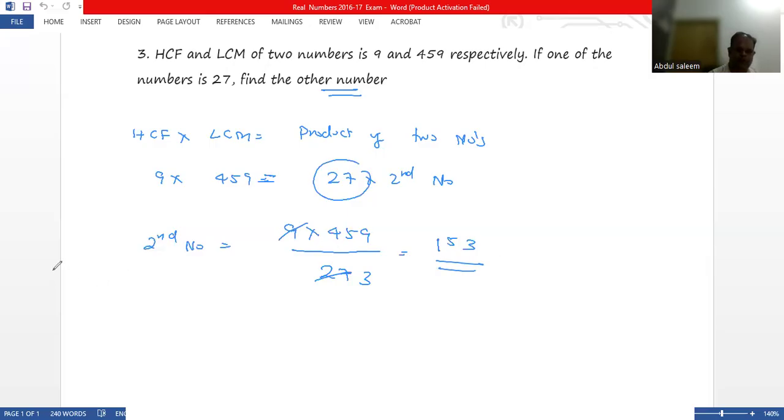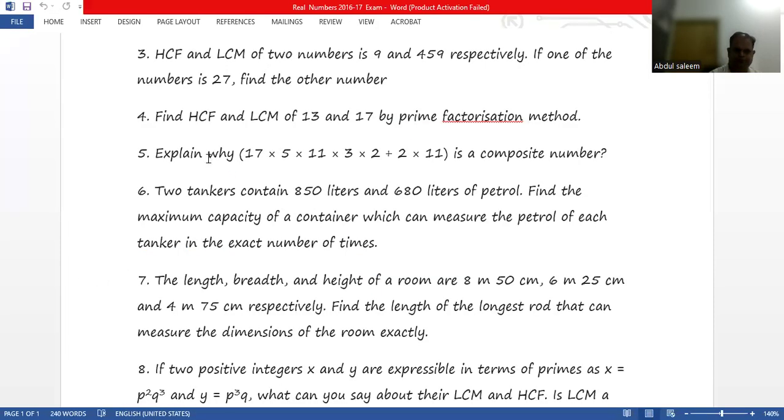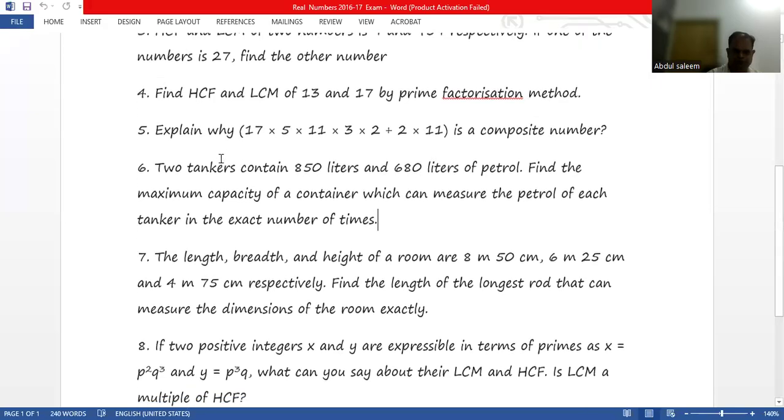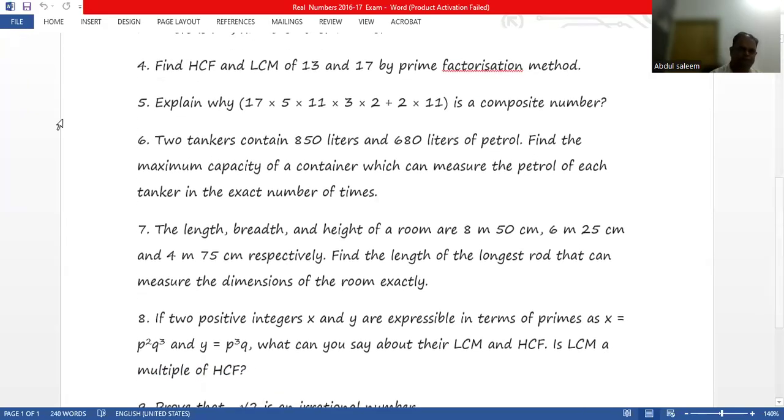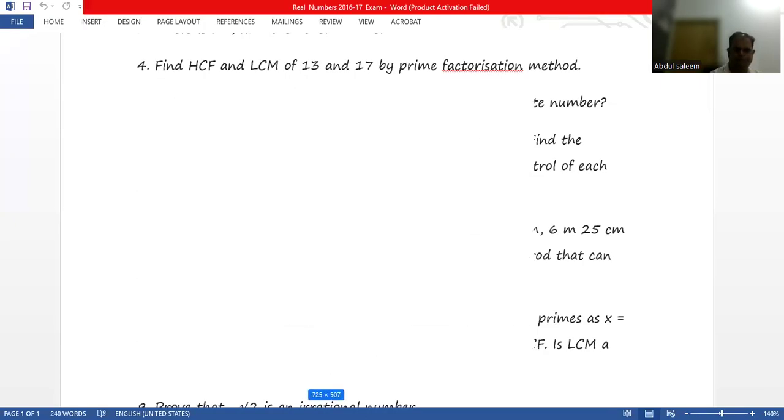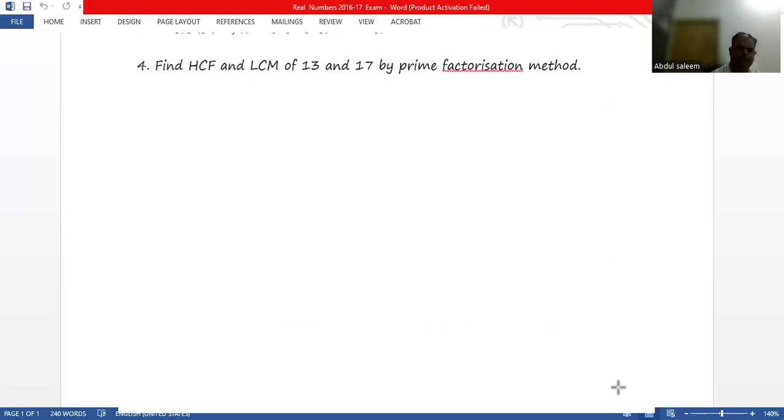And the fourth question is: find the HCF and LCM of these numbers. 13 is a prime number, so the factor is 1 into 13. 17 also a prime number, 1 into 17.